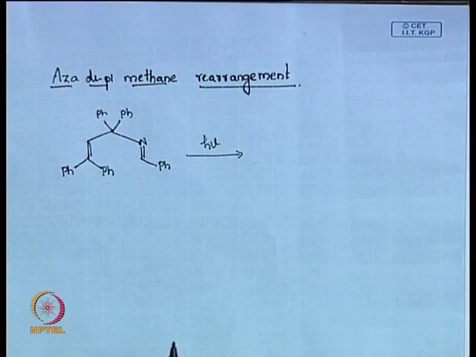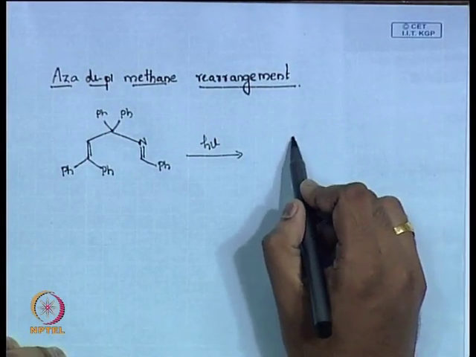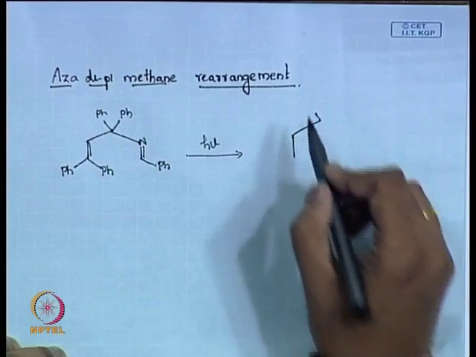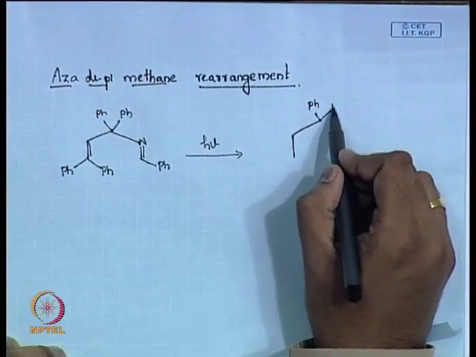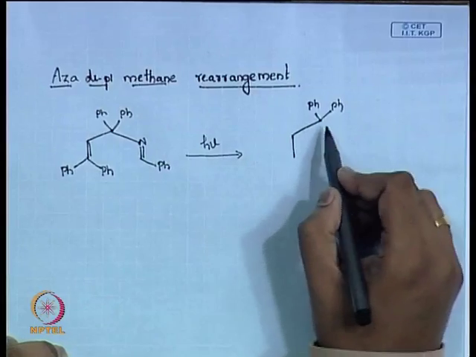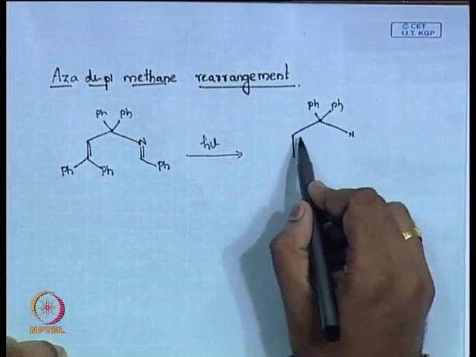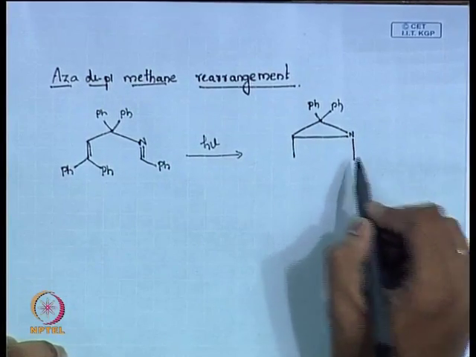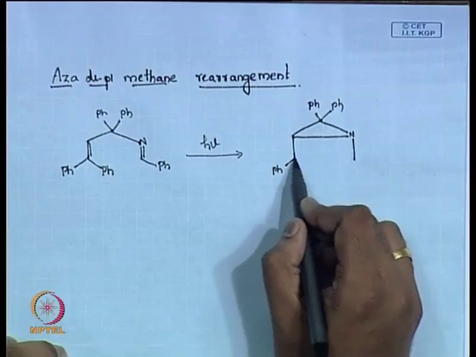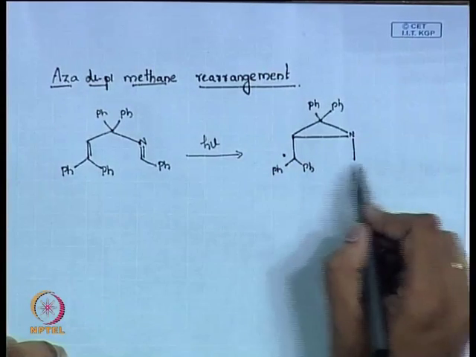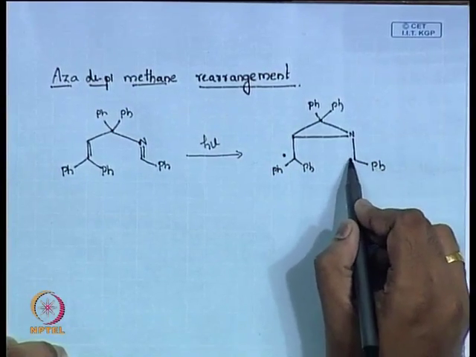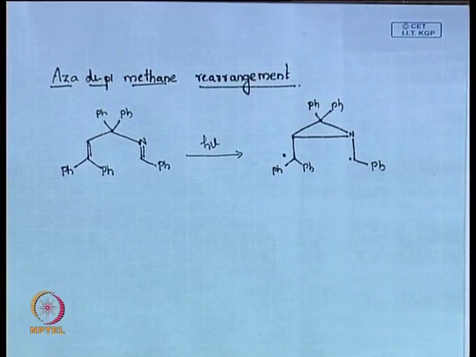Now you excite this. So you can get your 1,4-diradical like in the previous case. So, that you can get very well.